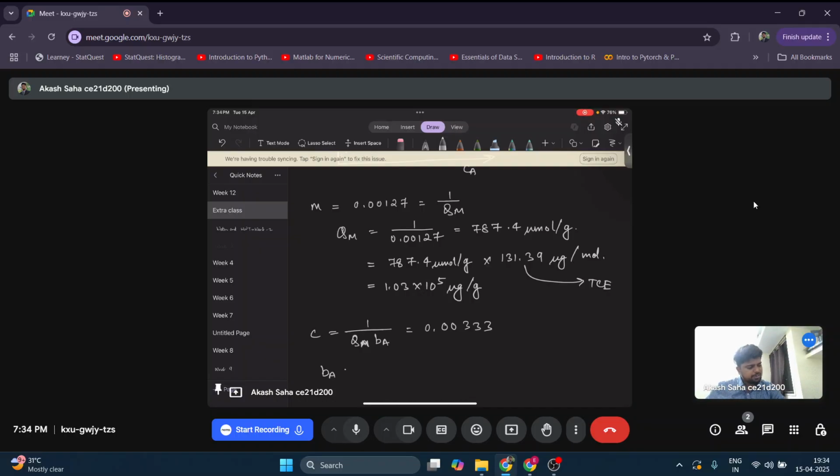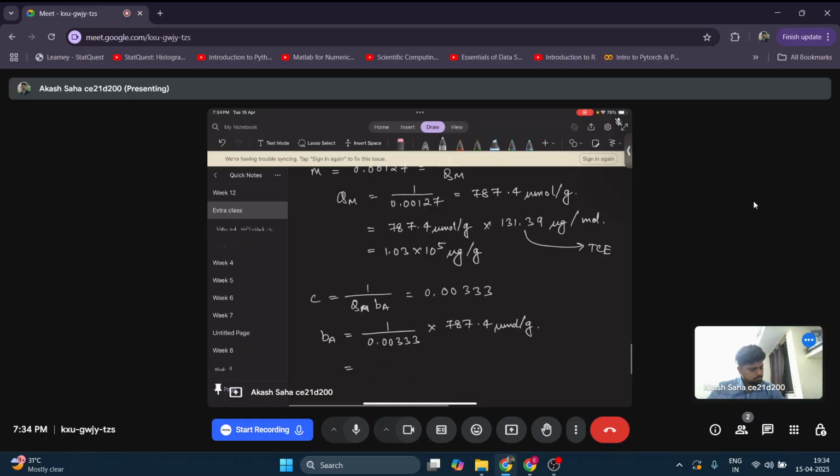So Ba we can find out, another parameter for Langmuir, or you can write it as 2.9. So this is how you have to do it.